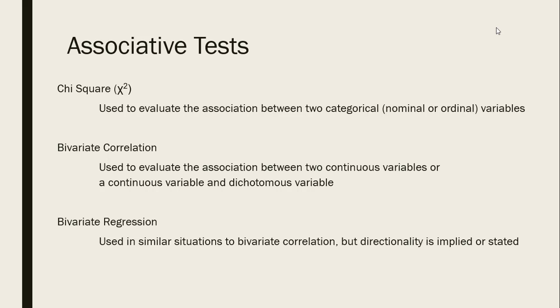And because of the nature of the data and the way that the data is used, it better fits when the hypothesis has either stated that there's a directionality, A causes B, or at least strongly implies it, where maybe one of your variables is a stable personality characteristic and the other variable is kind of a momentary decision, for instance. Well, it would make sense that the stable personality characteristic is influencing your decision in the moment.